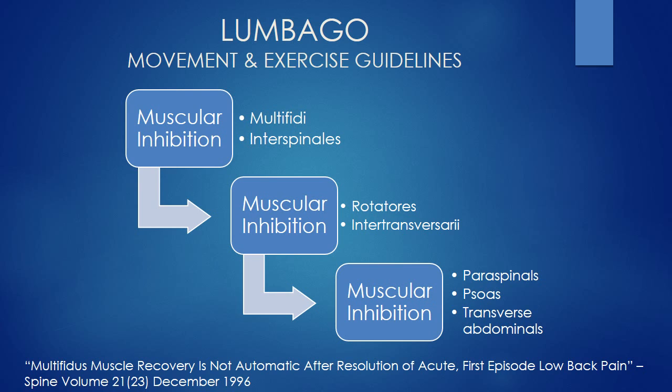So first, let's talk a little bit about the multifidus muscle and refresh our memories. The multifidus muscle is a long muscle that spans the entirety of the spine. It goes all the way from the sacrum all the way up to the cervical spine to insert on the base of the skull. And let's localize our focus on the sacral and lumbar spine.